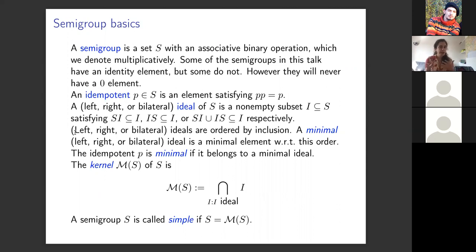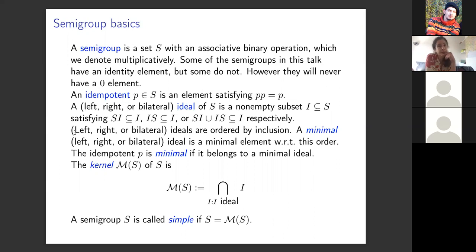Now if you look at the set of bilateral ideals, you can order them by inclusion, so I is a subset of J means that I is less than J. A minimal ideal is an ideal which is minimal with respect to this order.